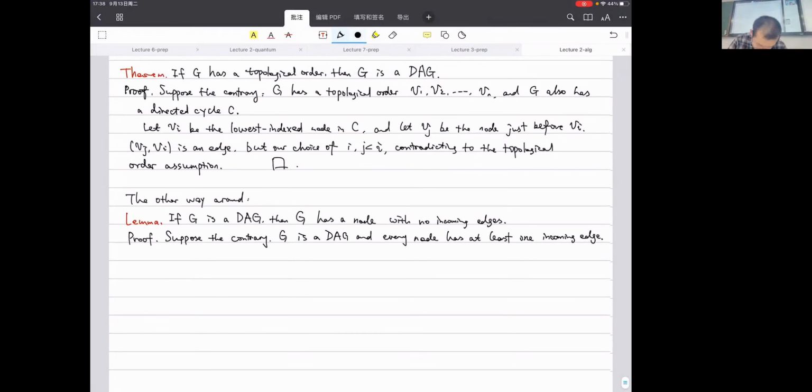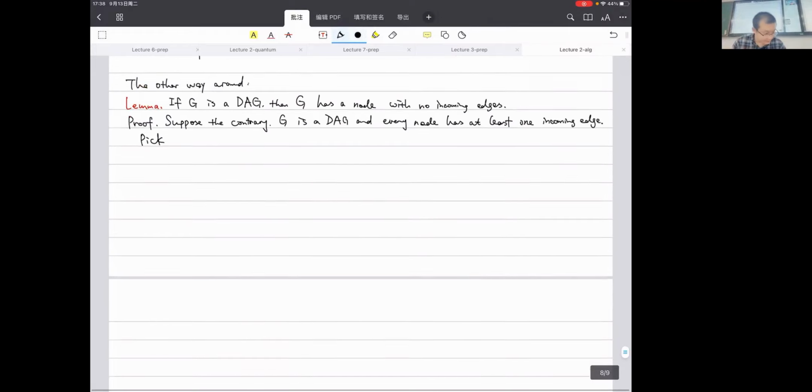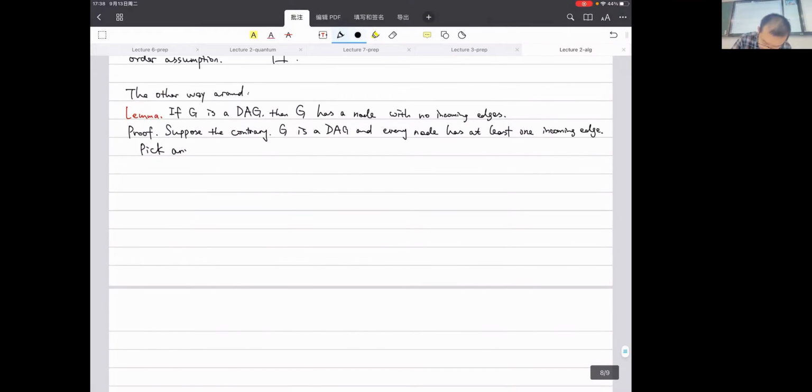So let's pick an arbitrary vertex, Vi1, and because every node has at least one incoming edge, we can do this. We begin following edges backward.